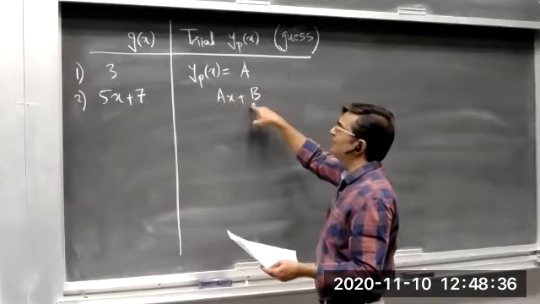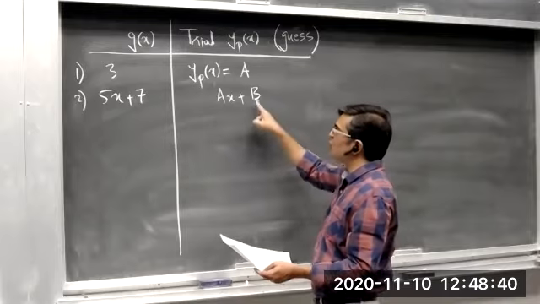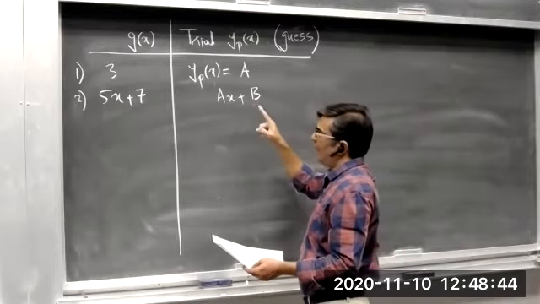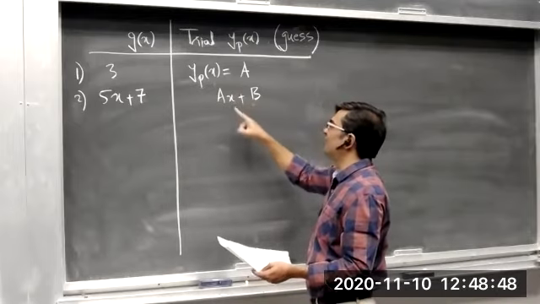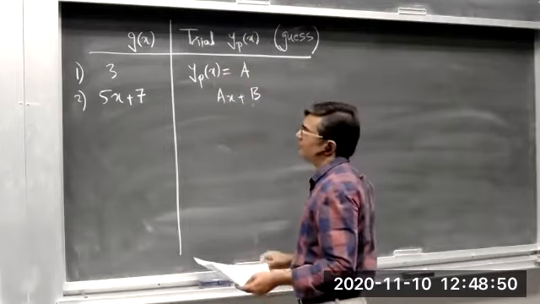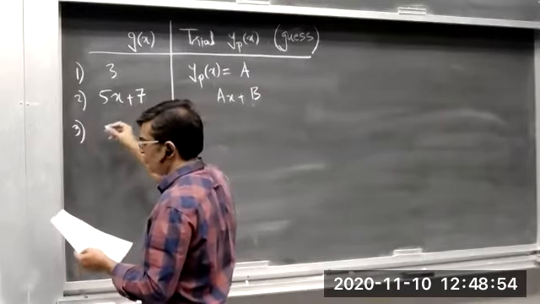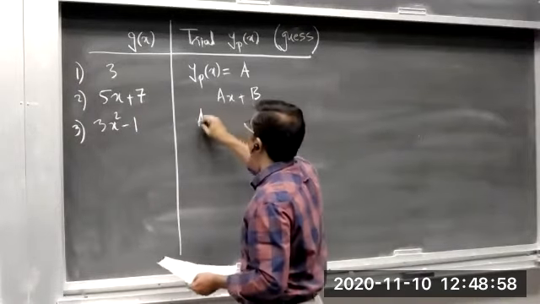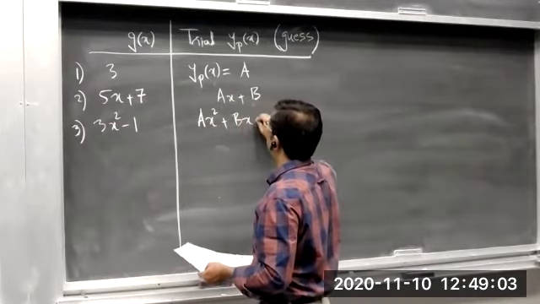Yp will be assumed as a degree 1 polynomial which contains 2 unknown constants, undetermined coefficients. We need to find these undetermined coefficients by inserting this solution into the given differential equation. Third case, if it is a polynomial of degree 2, for example 3x squared minus 1, we assume that yp of x is equal to ax squared plus bx plus c.